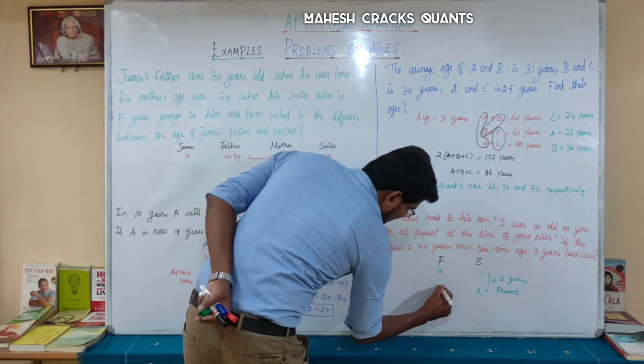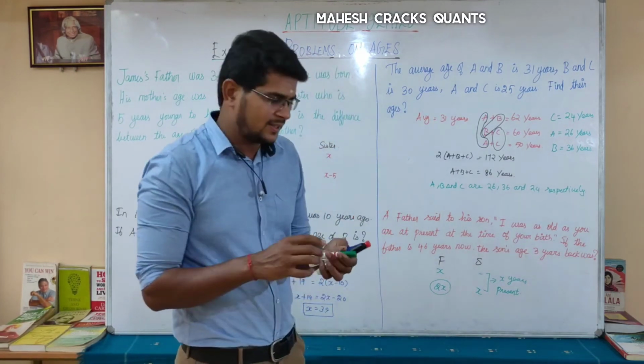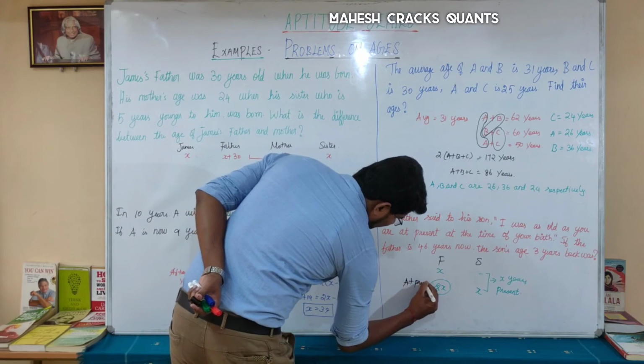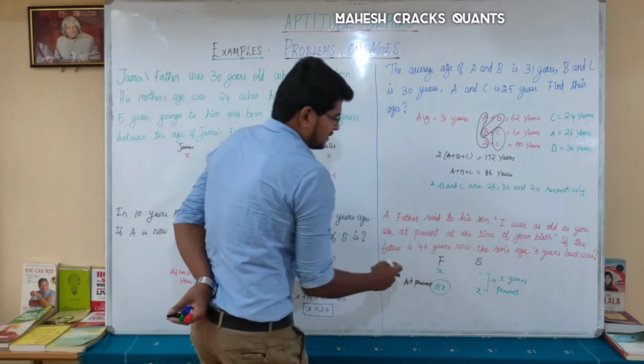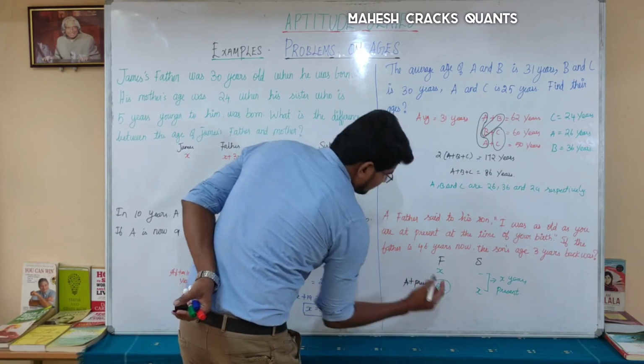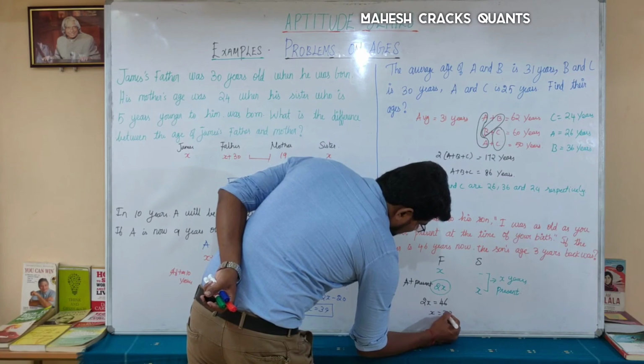After X years, he will be 2X. So at present, father is 2X. So 2X is equal to the value given, 46. What is X? Which is 23.